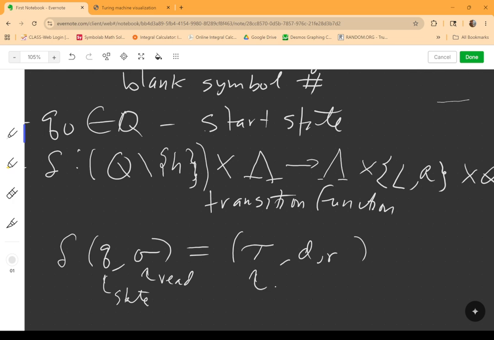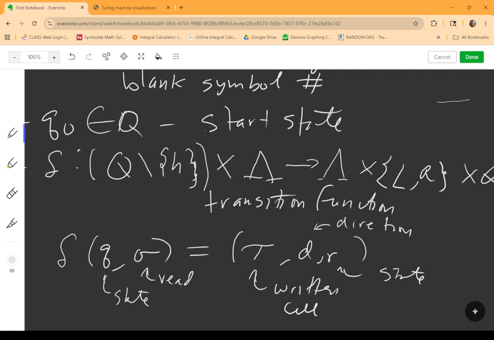Then tau is what is written in the cell, D is the direction, and R is the next state.